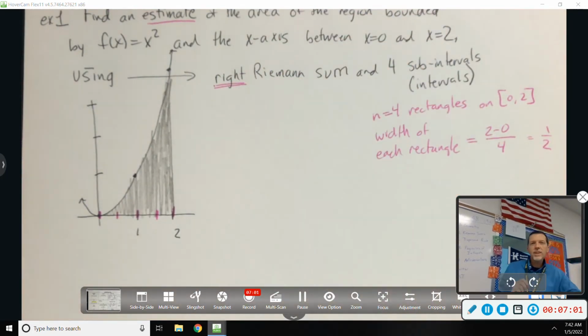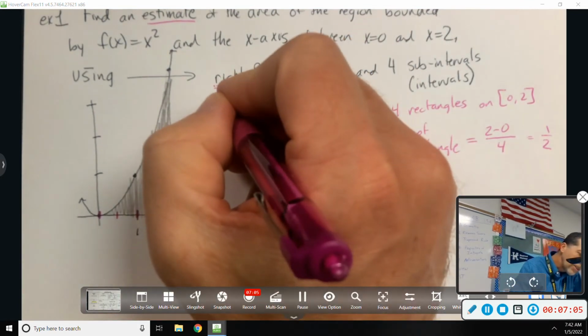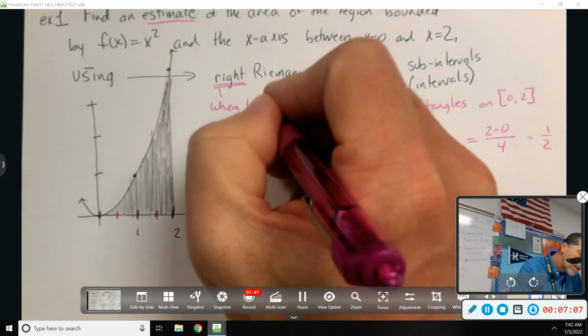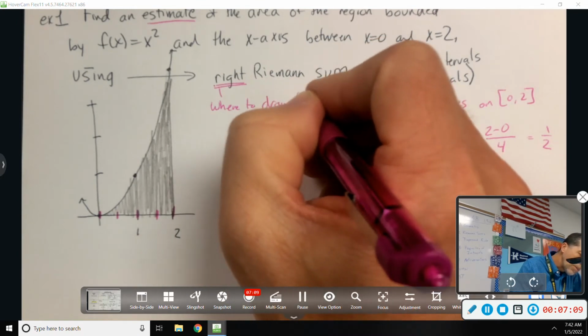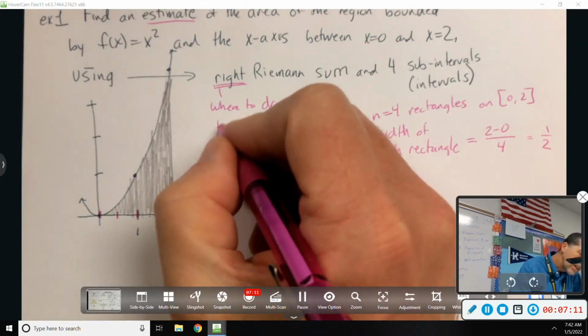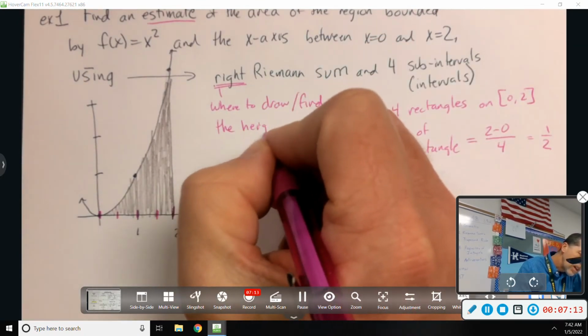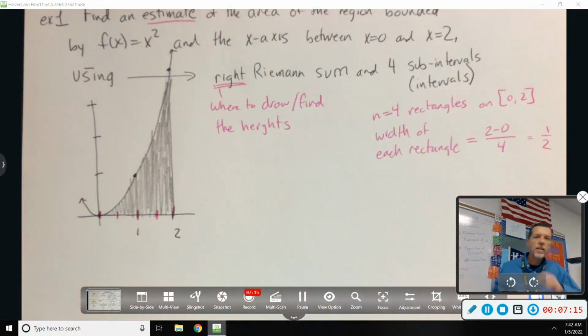Now, a right sum versus a left sum tells us where to draw, or maybe where to find, the heights.